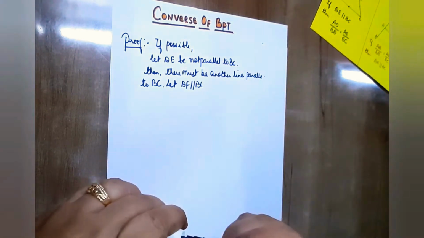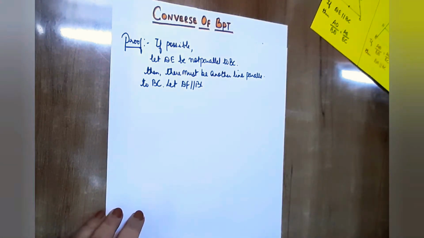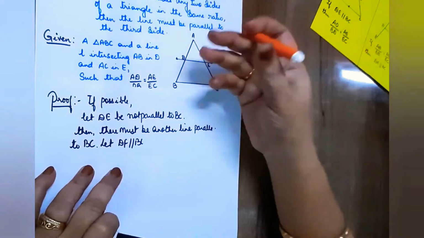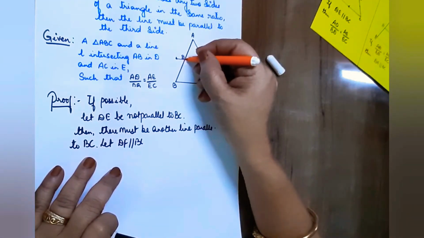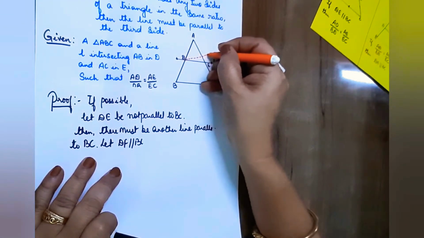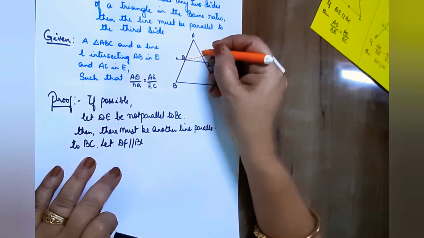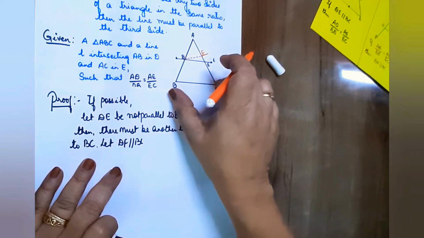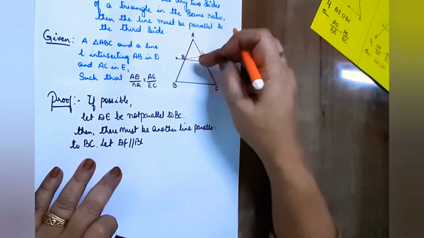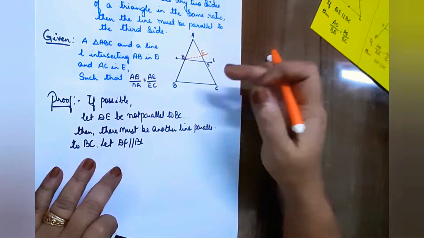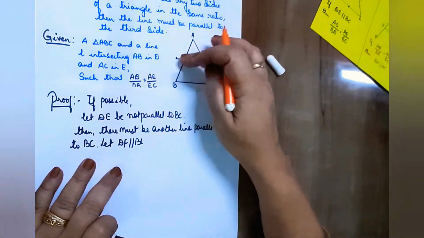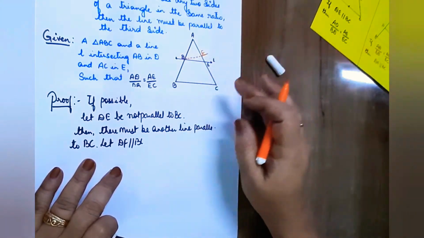Now where did this F come from in the figure? Here we will assume that there is one more point. We'll draw from D, and we will assume that for this point F, DF is parallel to BC. So here we have assumed that DE is not parallel to BC. We instead have taken one point F and assumed that DF is parallel to BC.